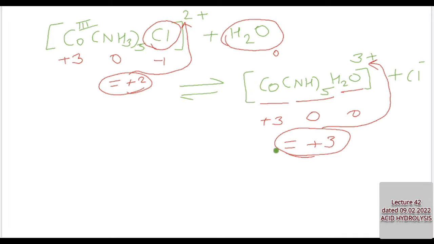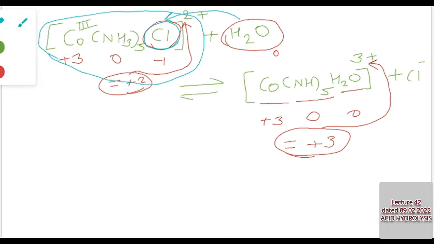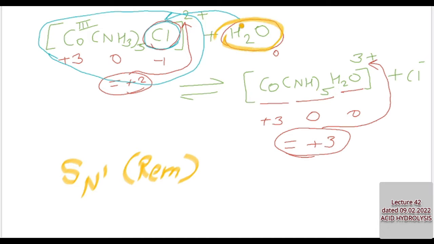People were thinking two ways are there to get the product. First way: the cobalt ammine chloro complex will say goodbye to the ligand Cl minus. We remove Cl minus first and then allow the entry of H2O. That is the SN1 mechanism, where removal or dissociation dominates. In the other possible mechanism, H2O enters first and becomes friends with cobalt plus 3.